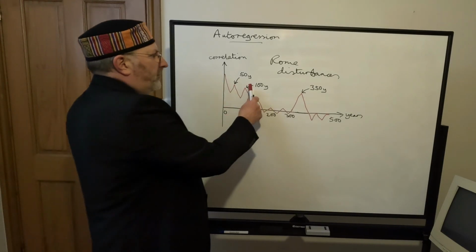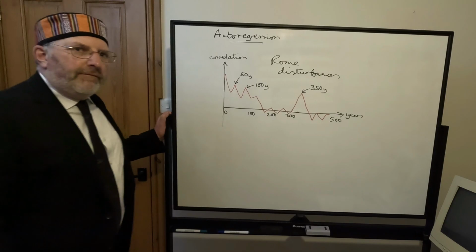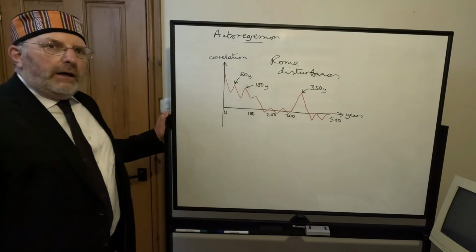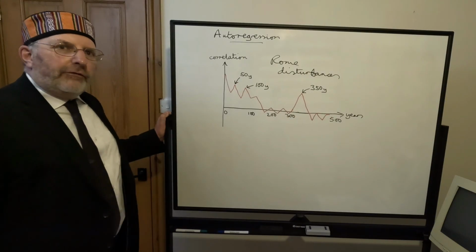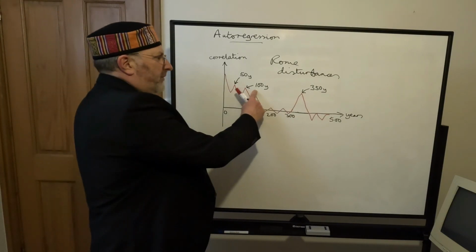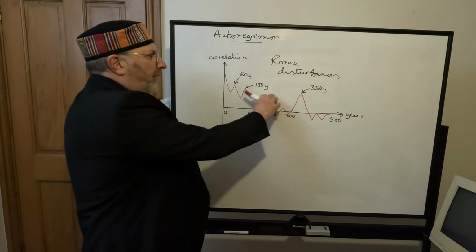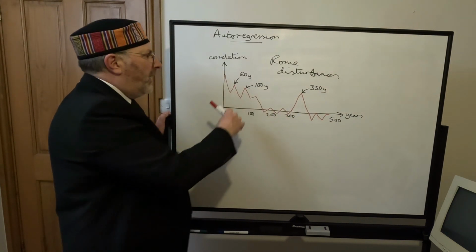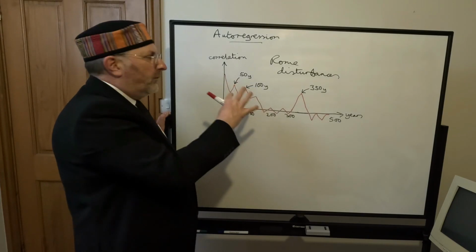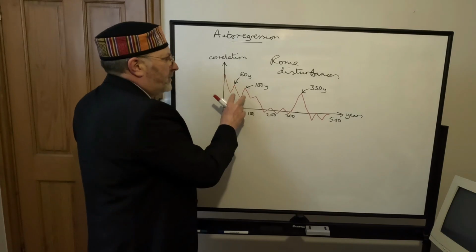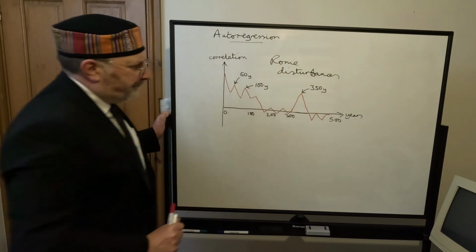And the 100-year cycle wasn't so obvious in the Fourier analysis, but it came out in the wavelet analysis. We saw that it's only for a period in the middle that this 100-year cycle appears, at a time when the 50-year cycle weakens. But in the autoregression, they both come out here.